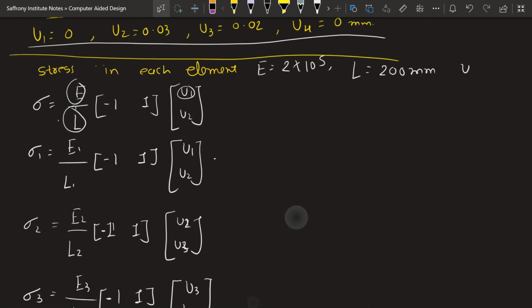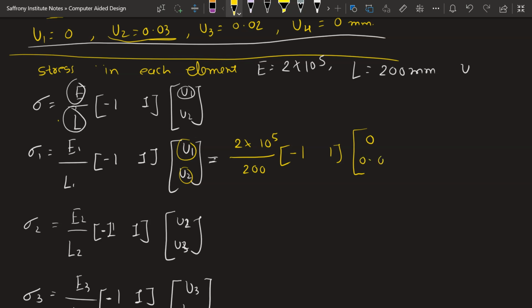The value of E is 2 into 10 raised to 5 divided by 200, times minus 1, 1, and the values of U: U1 is 0 and U2 is 0.03. After simplification, we get 30 Newton per mm square.